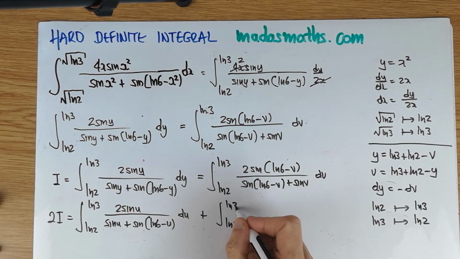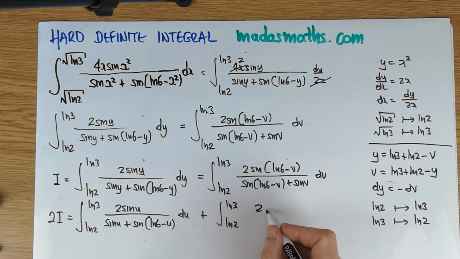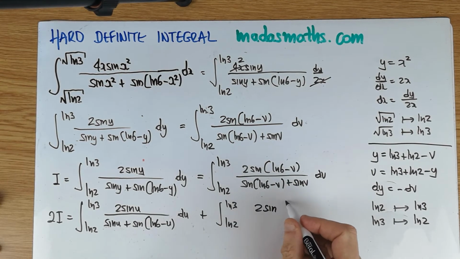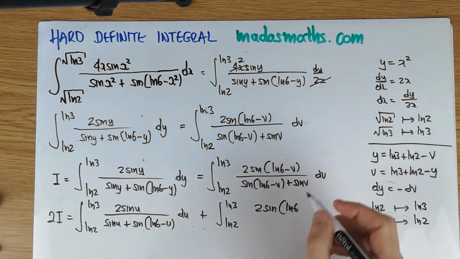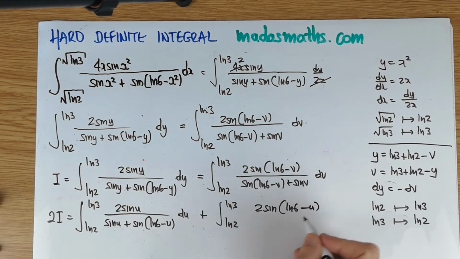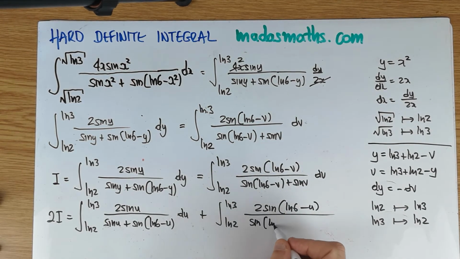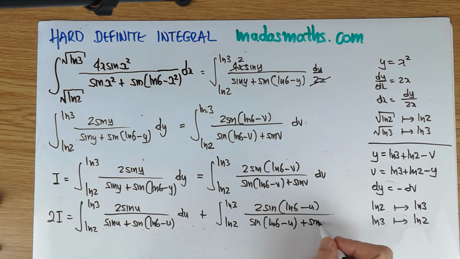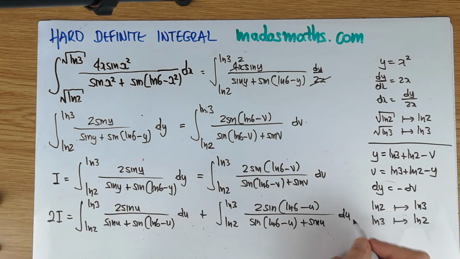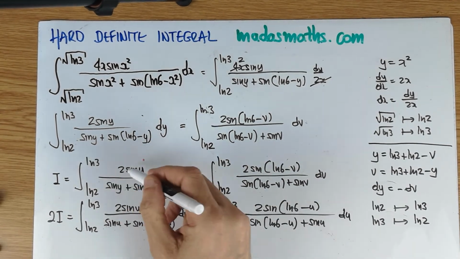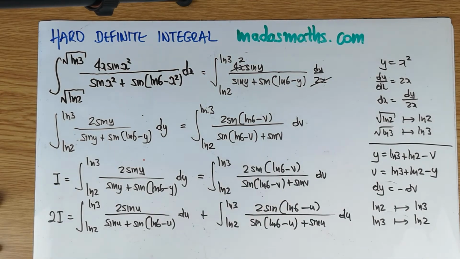Plus, we'll check that what we're writing is sound in a second. 2 times the sine, I'm looking at this bit here, log of 6 minus u over the sine of log of 6 minus u plus the sine of u du. This is I and this is I. Okay, that's what we say.